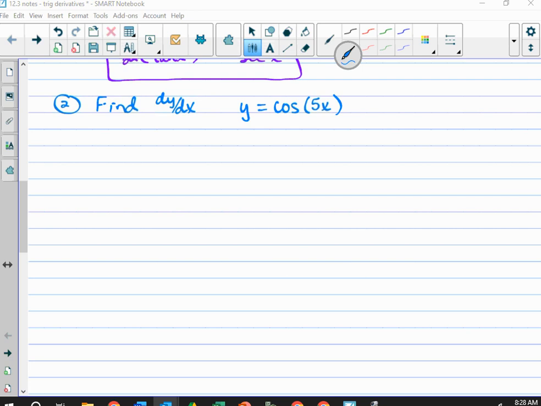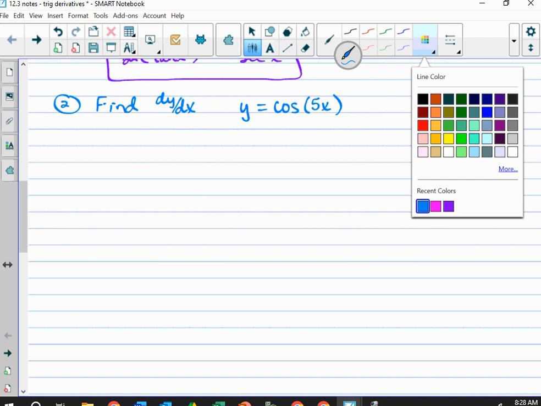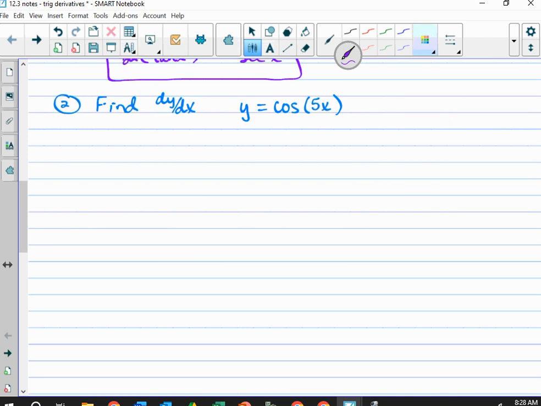Okay. We have to use chain rule when we do derivatives of our trig functions. So let's make sure we're good with that. So dy dx equals, so start on the outside. So what's the derivative of cosine? Negative sine, okay.